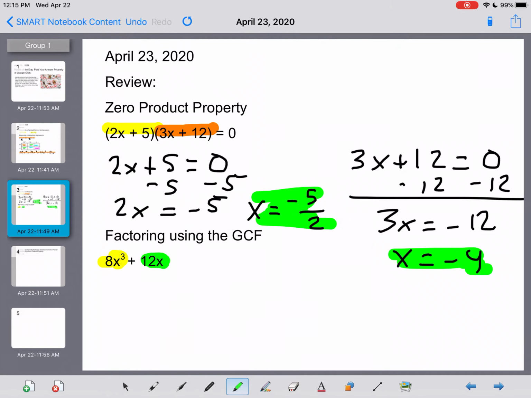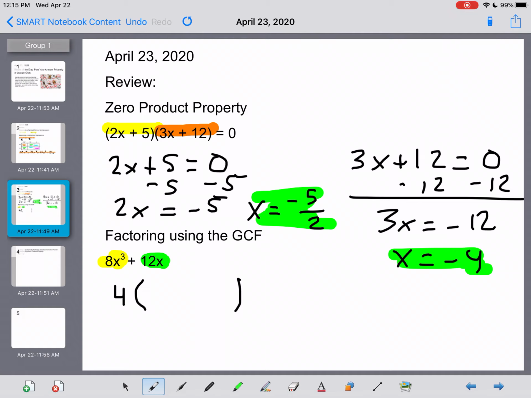I start off with the coefficient part. What is the largest number that will go into 8 and 12 evenly? It's like saying, what is the greatest common factor of 8 and 12? It's going to be 4. So I am going to factor or divide out 4 from the original expanded expression.